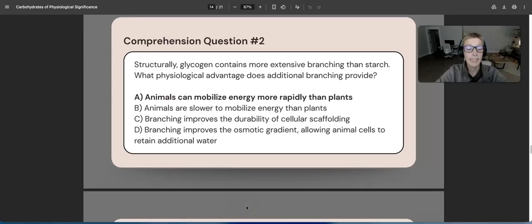The reason for this is that animals often require much more rapid bursts of energy than plants do, whereas plants don't require immediate bursts of energy in the same way that animals do.